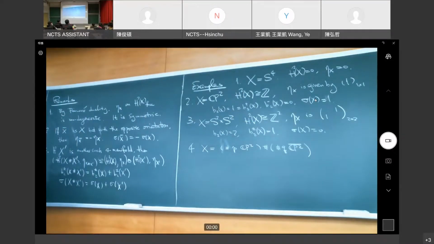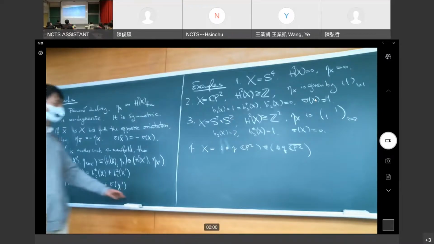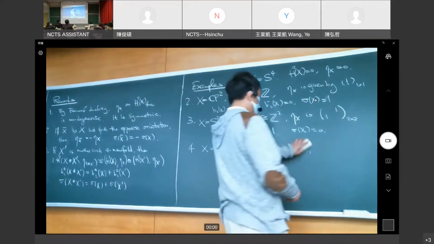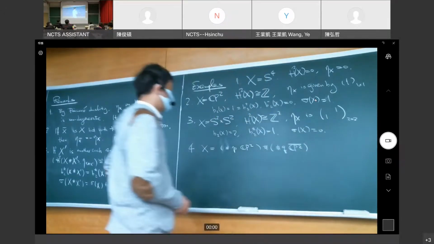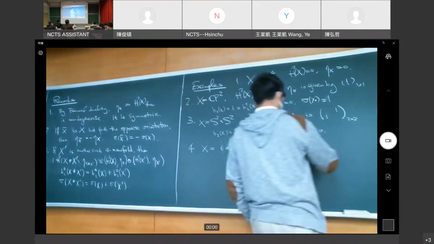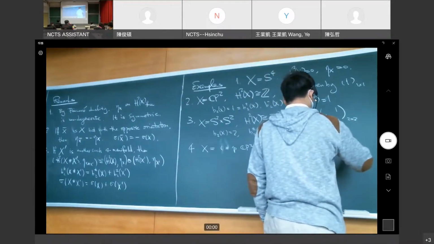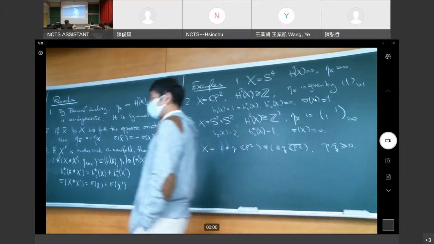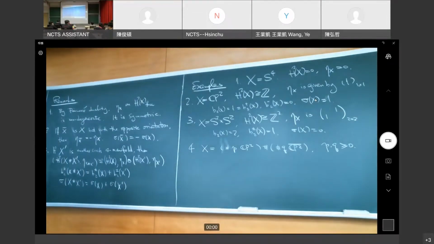CP2 is a complex manifold, so the complex structure gives an orientation, but as a smooth manifold it can have the opposite orientation, and I'm doing that now. P and Q are non-negative integers, and to be interesting, at least one of them should be positive.